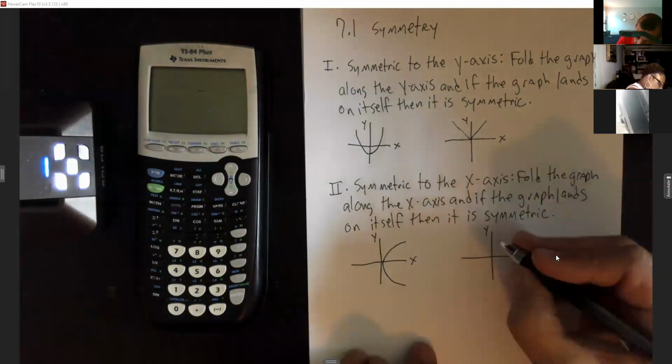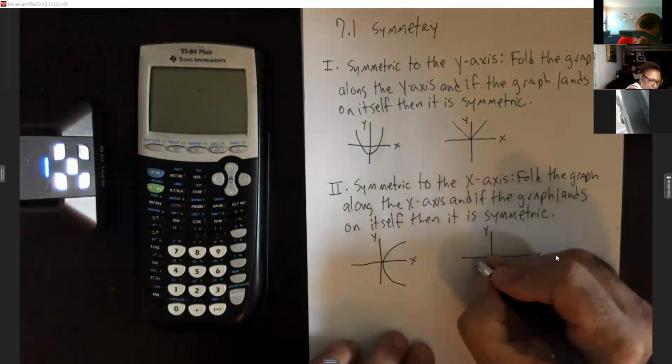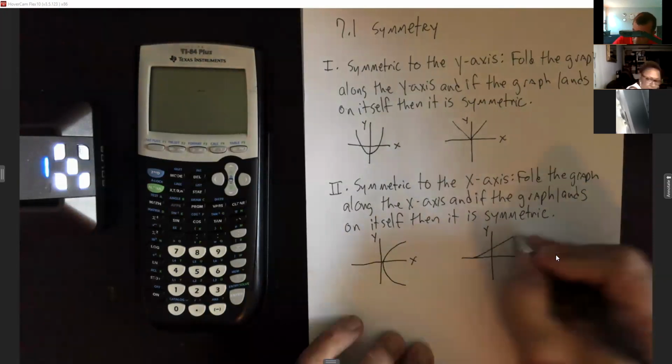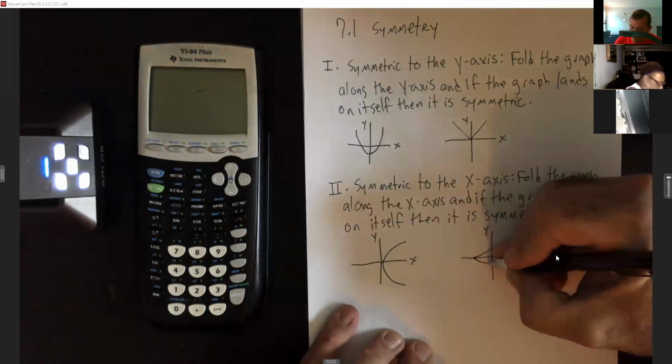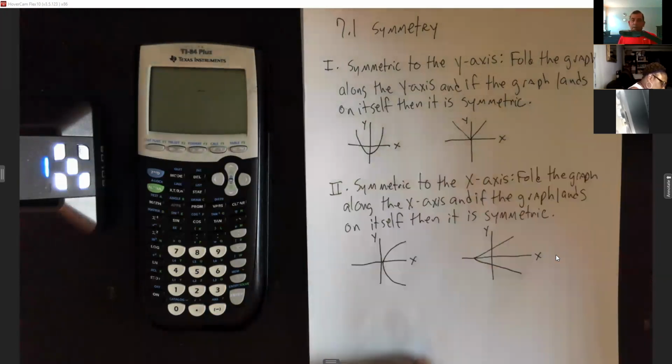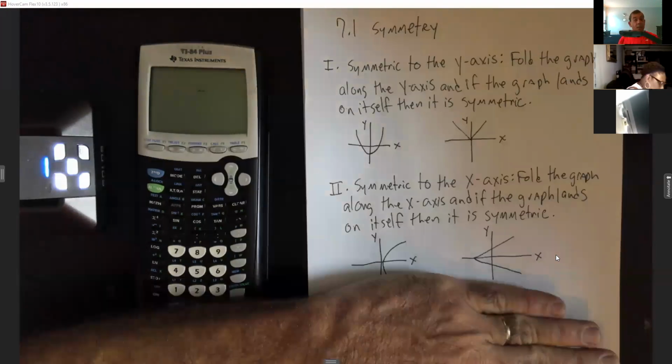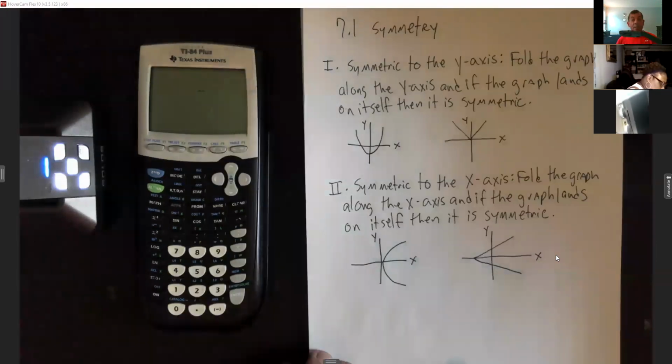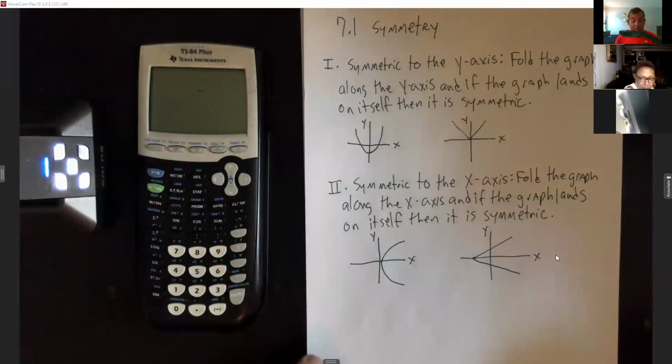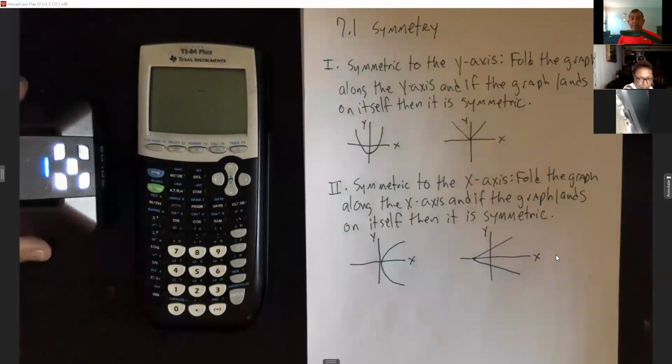And then that would work with these sharp graphs also. Same thing, right? You take this graph, fold it over the x-axis, it's going to land on itself, making it symmetric to the x.